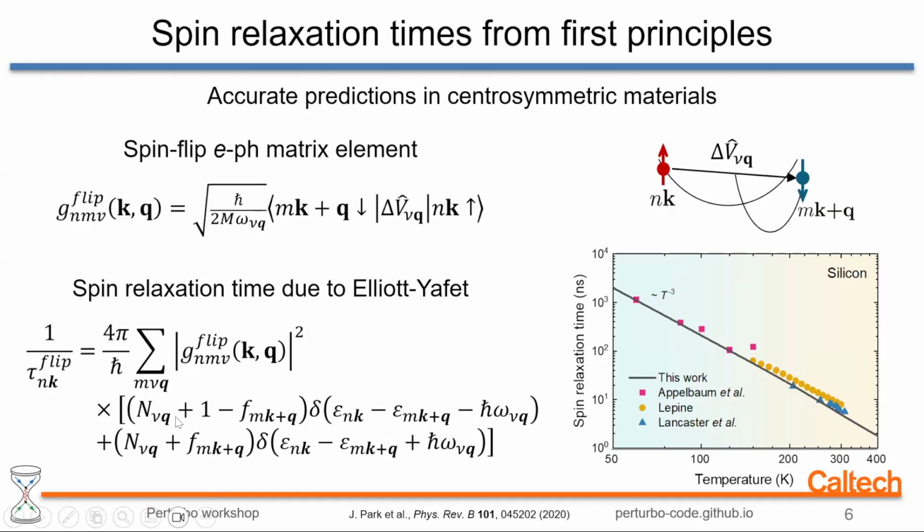Here we have the phonon occupations, electron energies, and phonon frequencies, all computed from first principles. And here we have our spin-flip matrix element discussed earlier. On the right here, we have the spin relaxation times of silicon, shown for a range of temperatures, and we see very good agreement with experiment. Today, we will be computing on diamond in the hands-on.